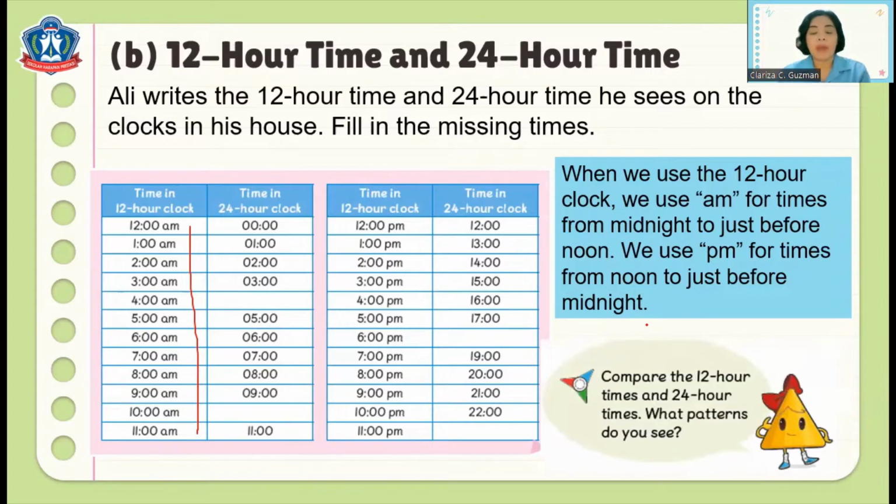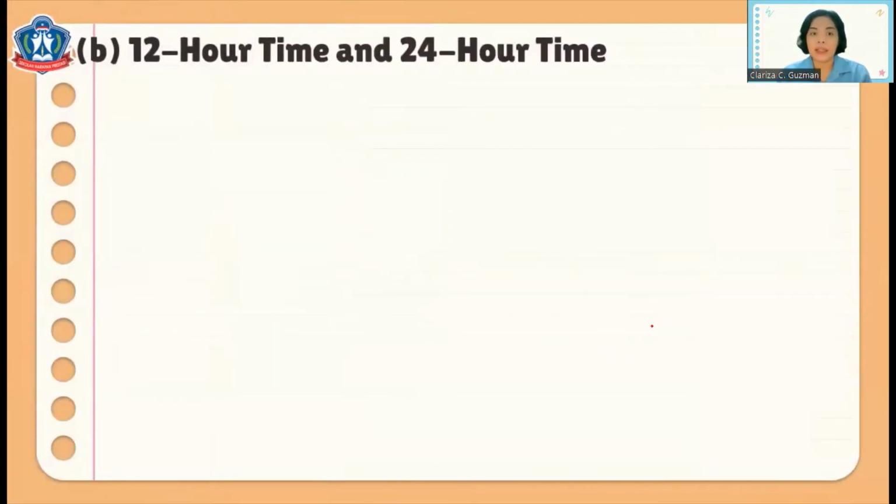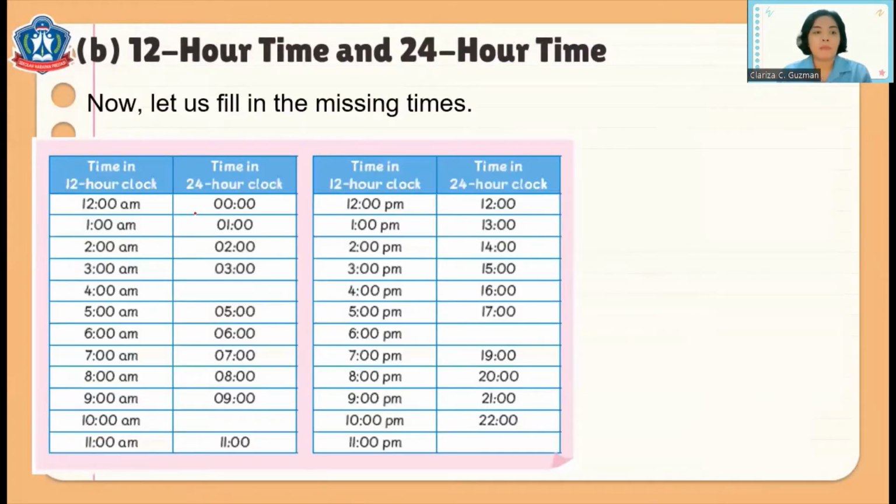So let's compare the 12-hour times and 24-hour times. What patterns do you see? Okay, now let's find the missing times. Take a look. So we have 4 a.m. Take a look, children. 12 a.m. is 00 o'clock in 24-hour clock.